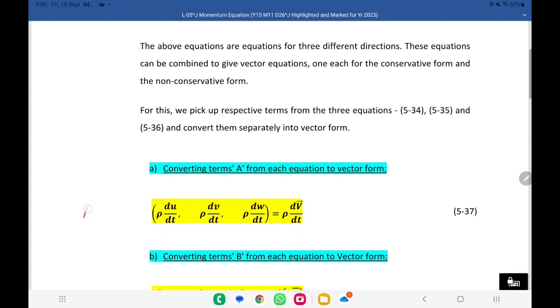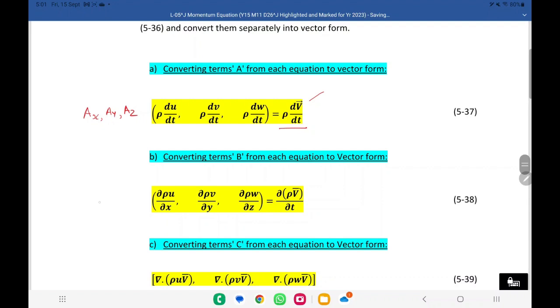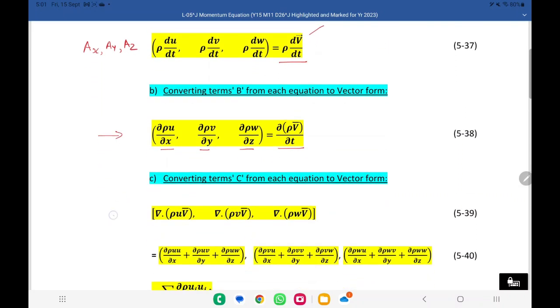This is A. And you can write all of them together as this, because these are 3 velocities. Similarly, you take the B part, and in B you will have these 3 terms, X, Y and Z. You add them up in vector form, you get this. Same thing you do with C. Same procedure for all the terms. You have this, you have this, and you have this.